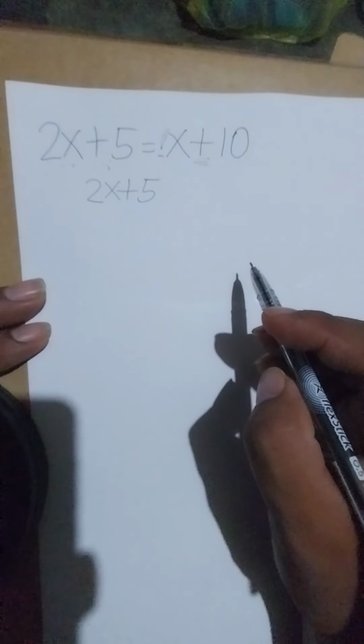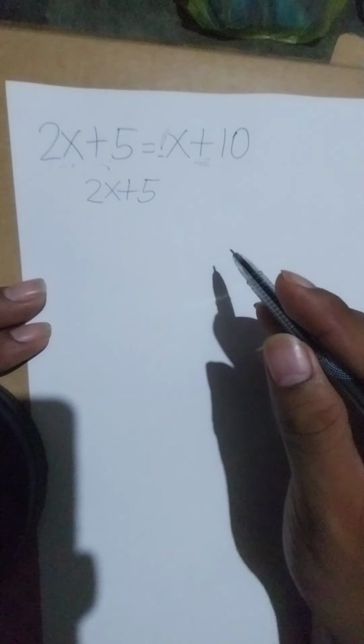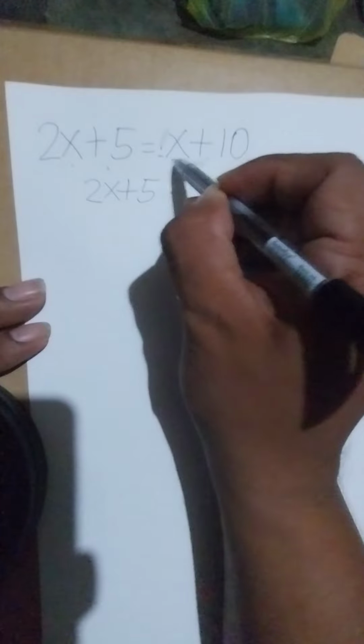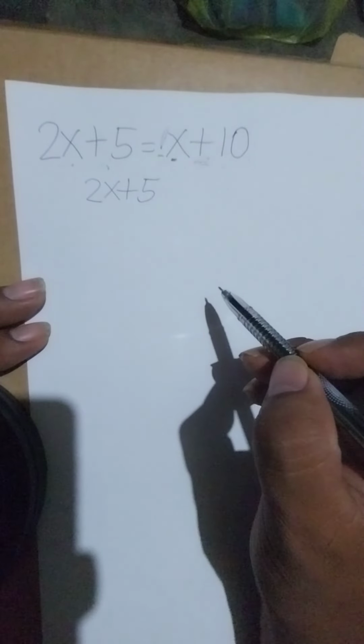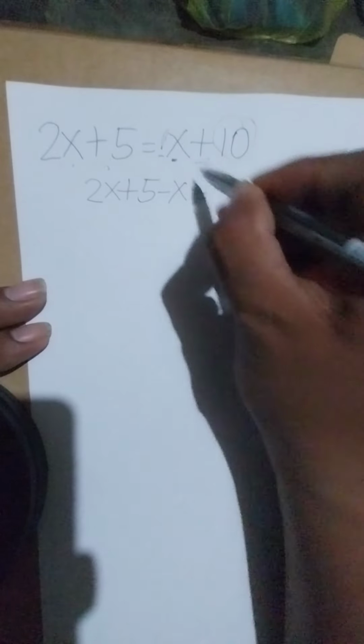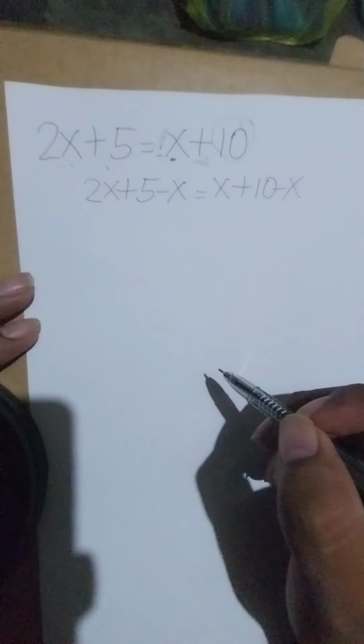I'm going to subtract both sides by x. Bakit? Para mag-cancel out to siya dito sa other side of the equation. Para maiwan na lang mag-isa si 10 dito. Okay? We will subtract x equals 2. So dito, just copy 10 minus x.